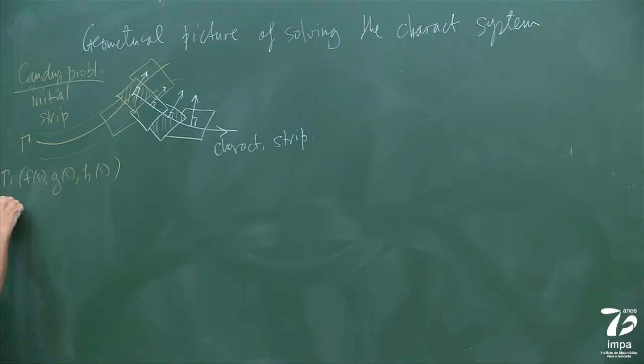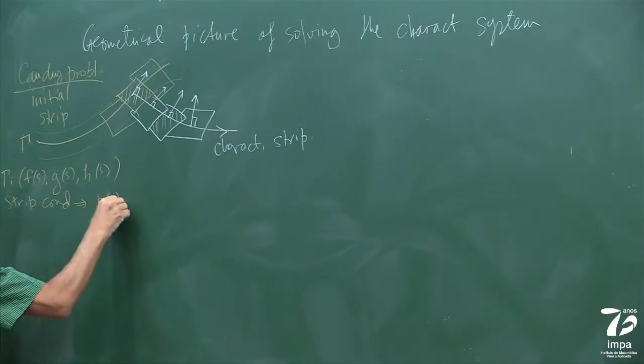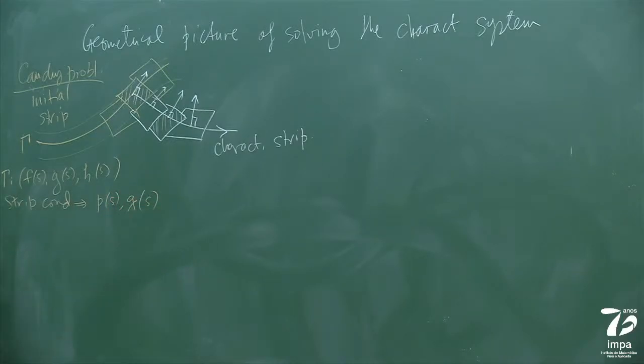So we use the strip condition to give us P of S, Q of S. The strip condition is the initial PDE plus the chain rule of U, which means you get an inner product of the normal with the tangent field. Okay, once I have this, the strip condition, I sort of understand what's going on here.